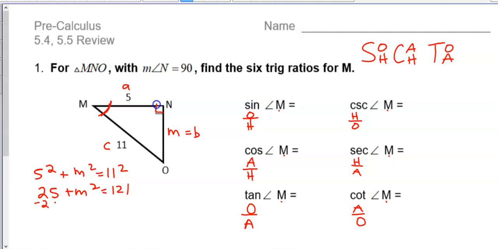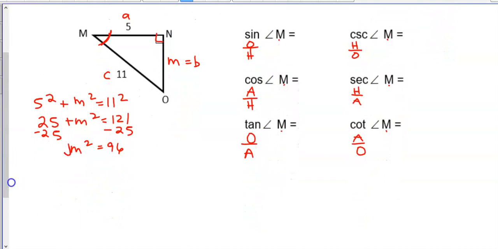Subtract 25, and m squared equals 96. Take the square root of both sides, and m is the square root of 96. And we're just going to leave it like that.